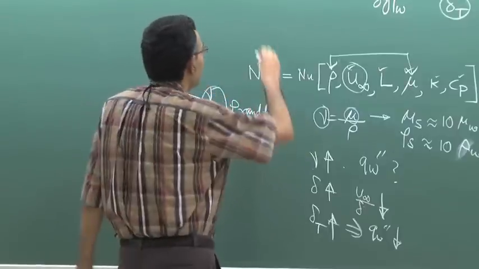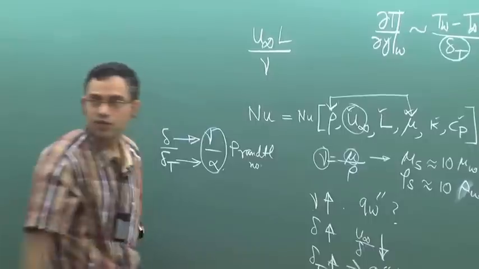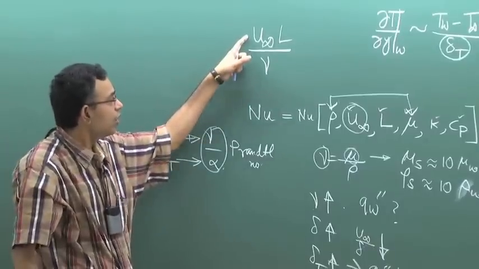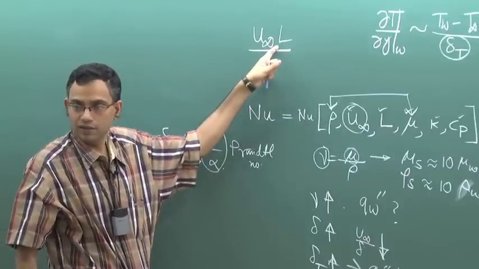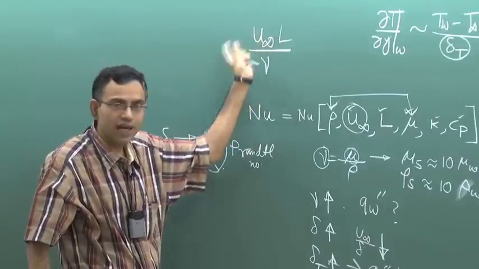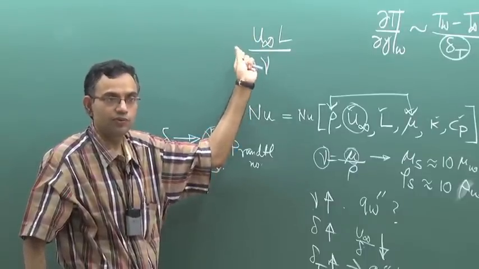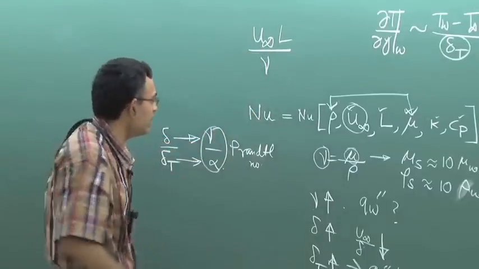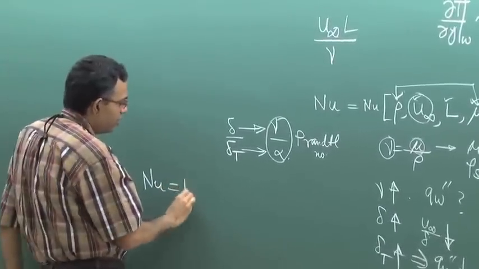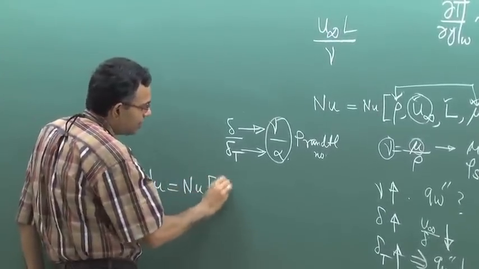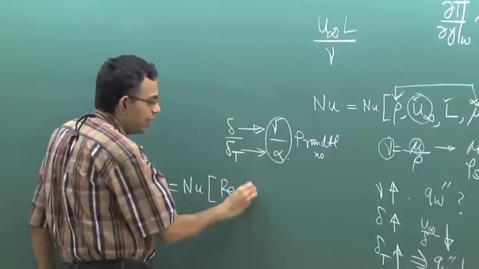So the net effect is of increase of u infinity L by nu. If you increase u infinity, the effect is like decrease of nu and increase of L, and this together as a combination is the Reynolds number, that all of you know, right? So the Nusselt number for forced convection will be a function of Reynolds number and this parameter Prandtl number, right?